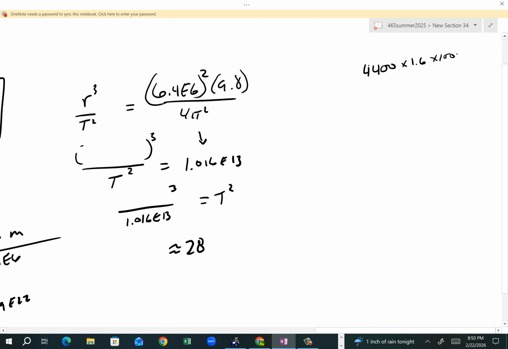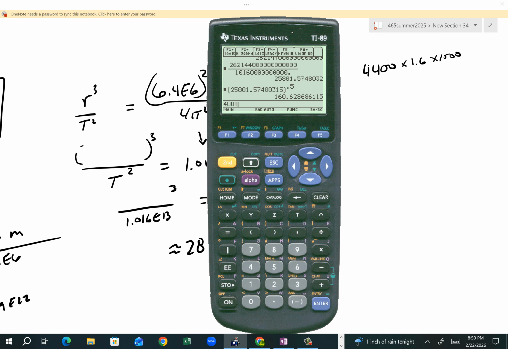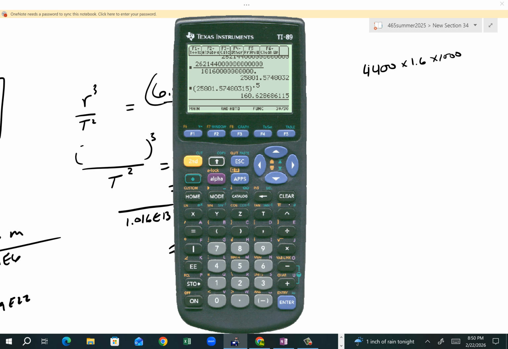That would be the radius of its orbit. Because I'm an idiot, I only did it as if it was 400 miles from the Earth's center, but that would mean it would be orbiting inside the Earth, which is ridiculous. So let's try it again. 4,400 times 1.6 times 1,000. There we go.